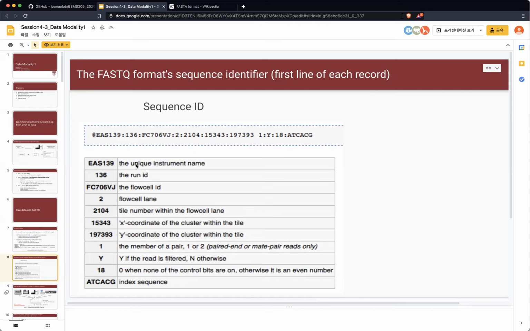So the first item is the unique instrument name. I mean, which machine you used in this experiment, right? So it has to be a certain unique name, right? So not just the Illumina machine or Illumina HiSeq something. It has to have a certain name for the machine. Then you can easily track the data set in a future situation, right?